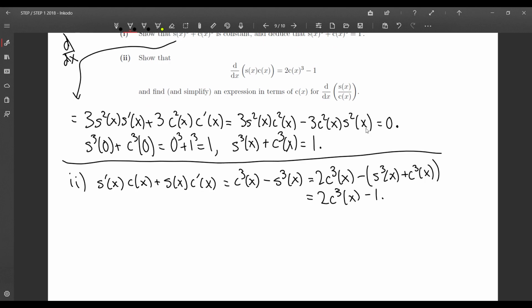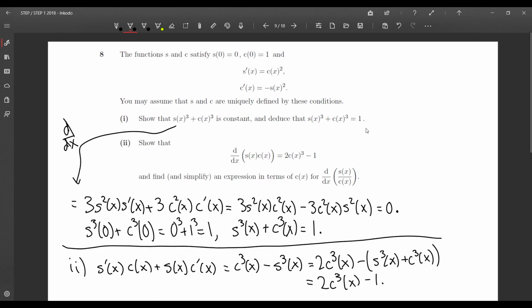Find and simplify an expression for c in terms of c of x for this. So d dx. Okay, so this one we have s prime of x over c of x minus s of x c prime of x over c squared of x.